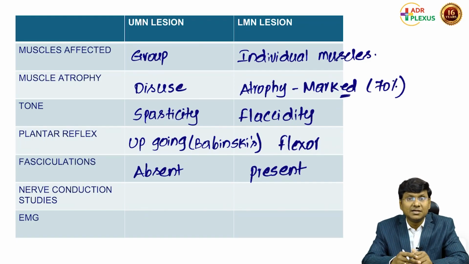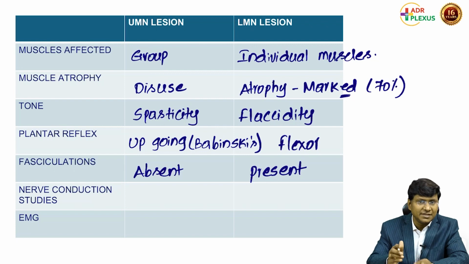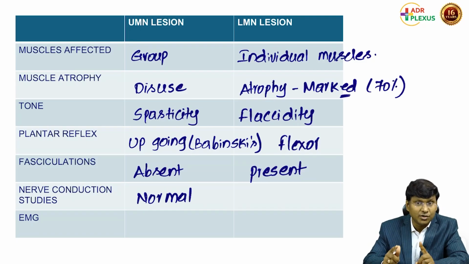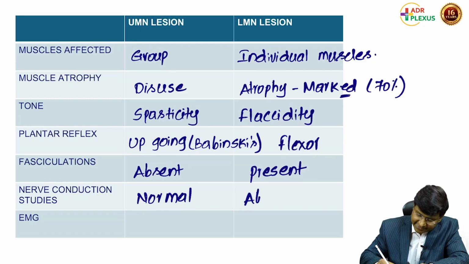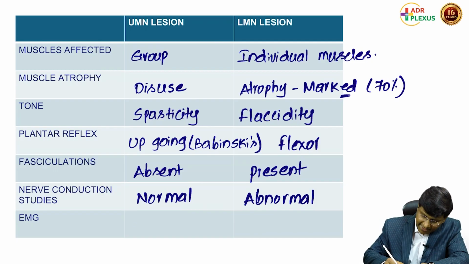What about nerve conduction studies? In upper motor neuron lesion, the nerve conduction studies are normal. Whereas in lower motor neuron paralysis, there will be abnormal nerve conduction studies, or a decremental response. And what about EMG, that is electromyography?